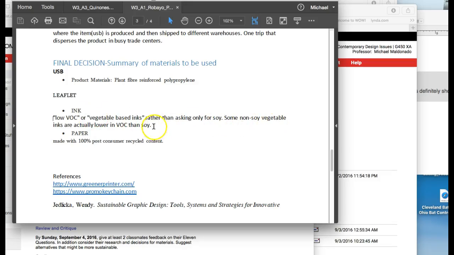So, okay, I see what you're saying. You're saying that, okay, good. But tell us why. Say according to so-and-so, or just give the reference right there. Paper made with 100% post-consumer recycled content. And of course, what kind of paper and why is it, give the research behind it.